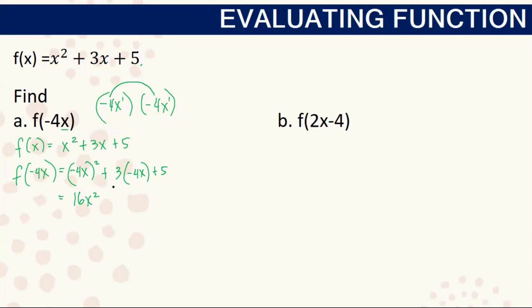As simple as that. Next is monomial by monomial. So 3 times negative 4 is negative 12. And since wala namang variable, yung 3, just copy the variable x. Then plus 5. Can we still simplify this? What do you think?